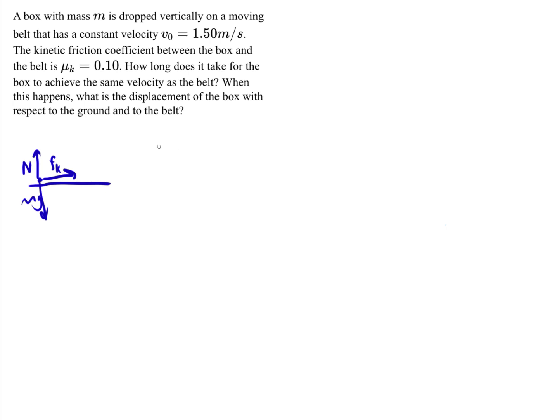By Newton's second law, we know that the force of friction is equal to mass times acceleration. And we also know that the force of kinetic friction is equal to the coefficient of kinetic friction times the normal force, which equals the coefficient of kinetic friction times the mass times the gravity.